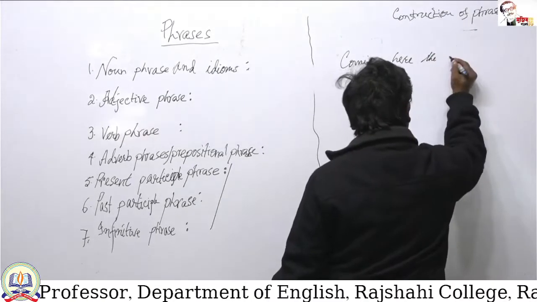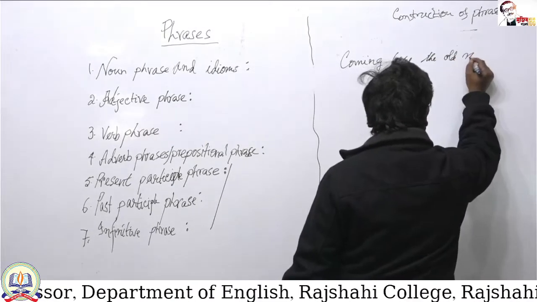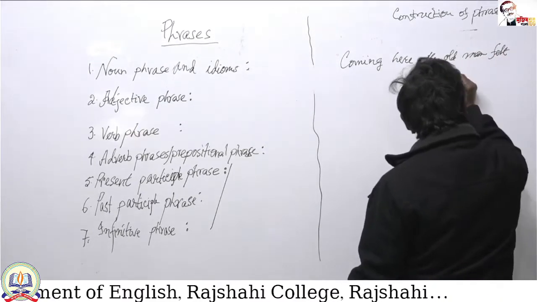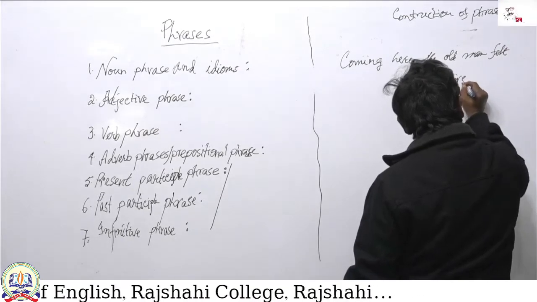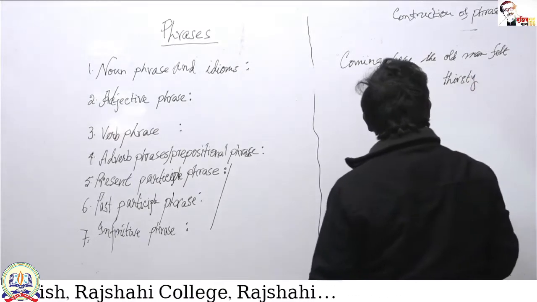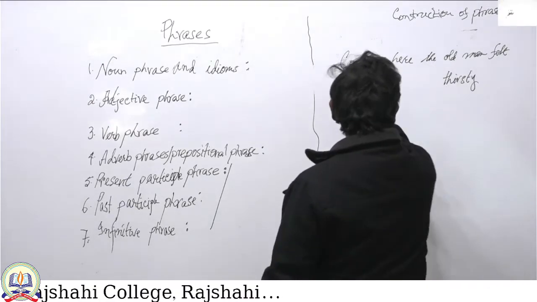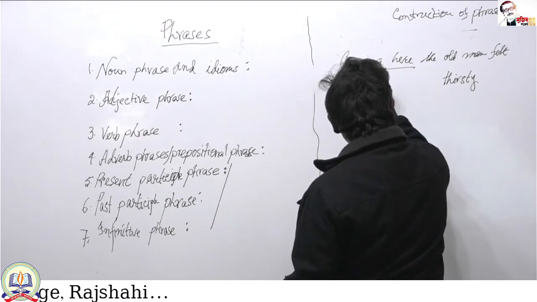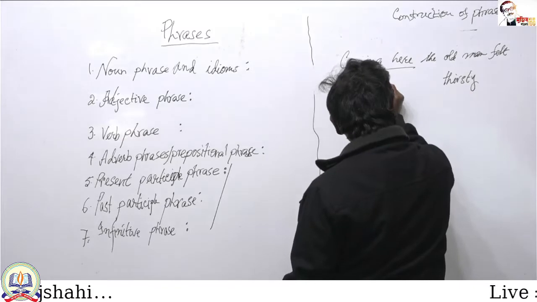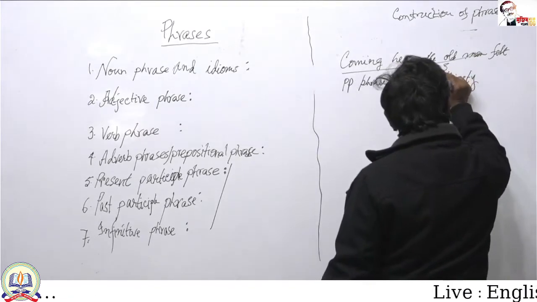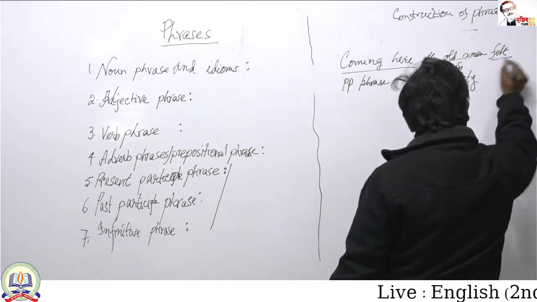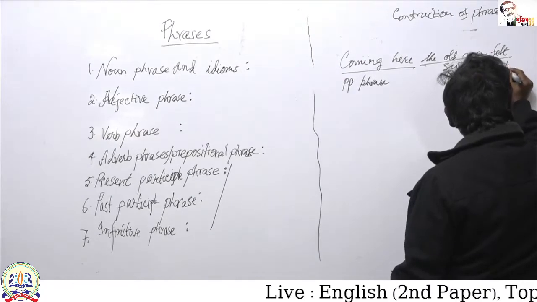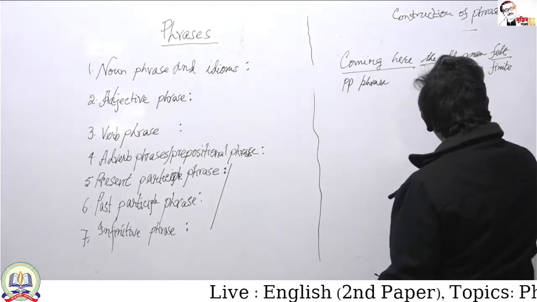the old man felt thirsty. You see, we have the units like coming here, present participle phrase, the old man, subject, felt, finite verb, and thirsty is complement.